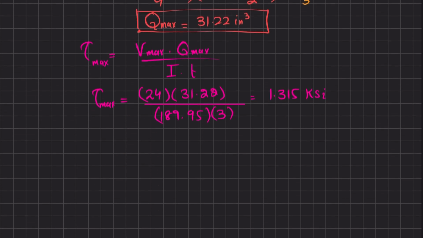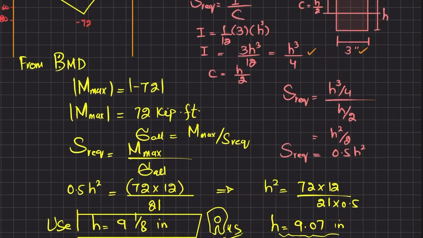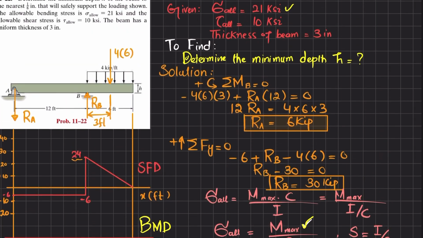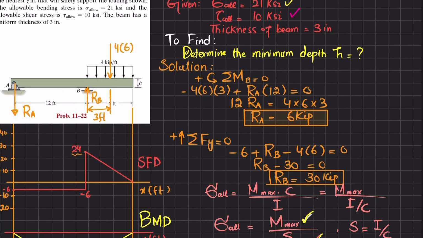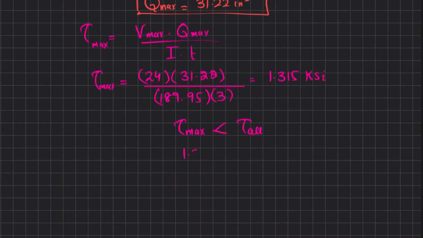So you can see this maximum shearing stress is less than given allowable shearing stress in the question, which is 10 ksi. So this 1.315 is less than 10 ksi here.